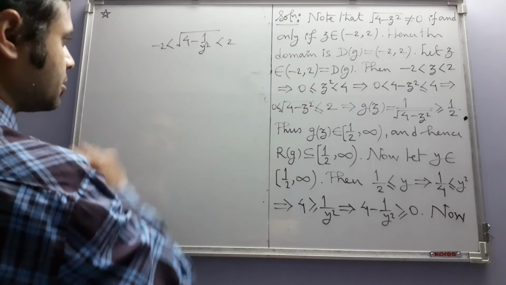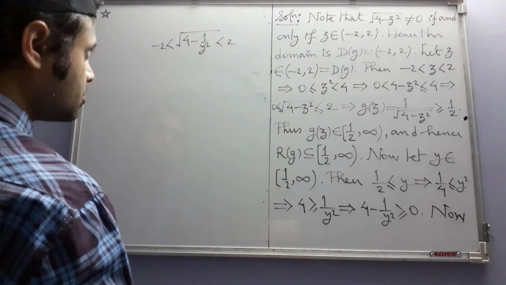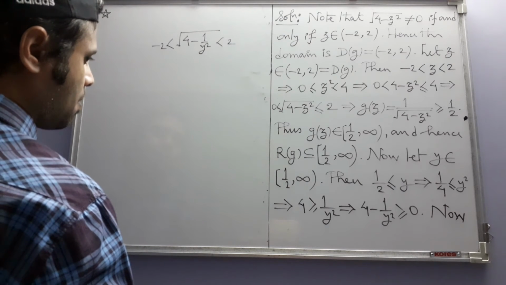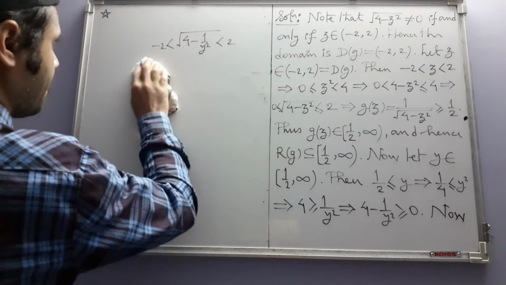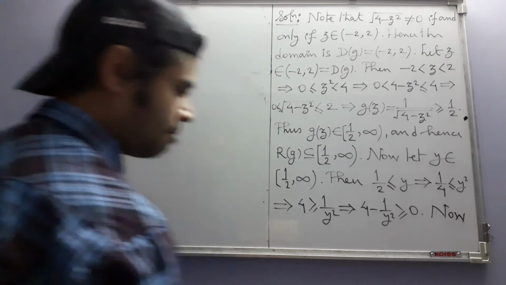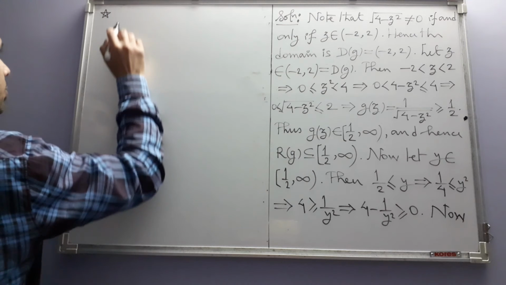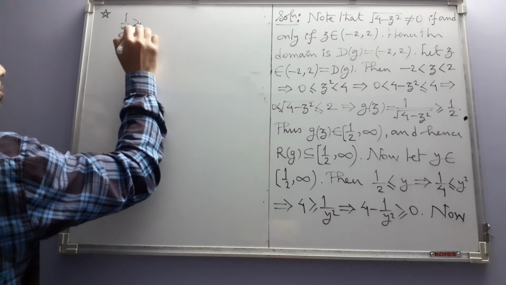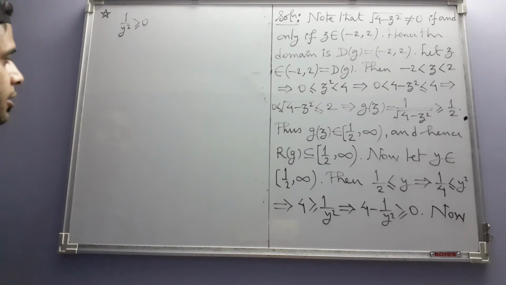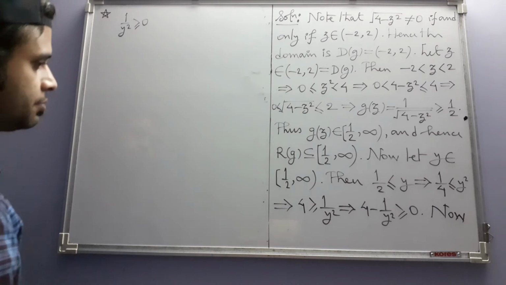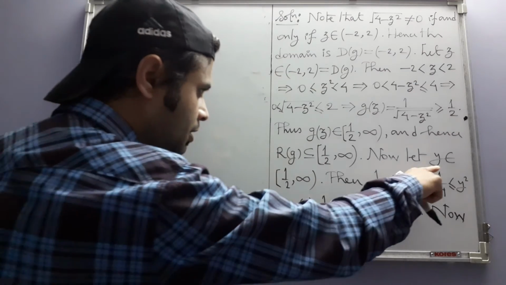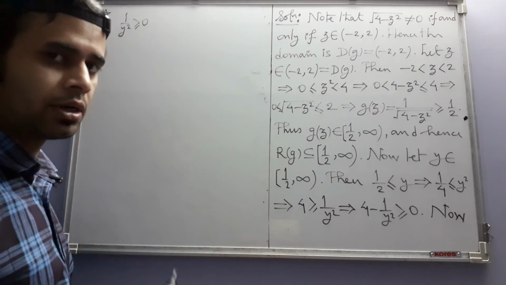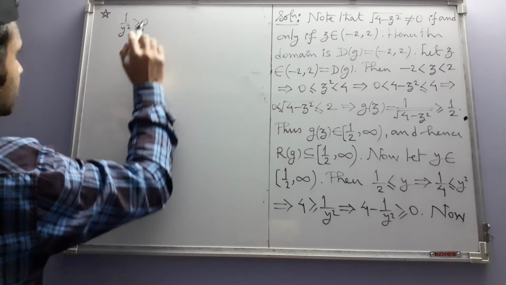This inequality is trivially true. For this one we need, okay, now 1 over y squared is greater than or equal to 0. Note that because we are choosing y from here, y is non-zero, so 1 over y squared makes sense and it's a non-negative real number.